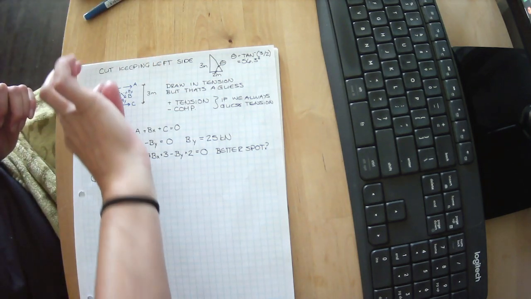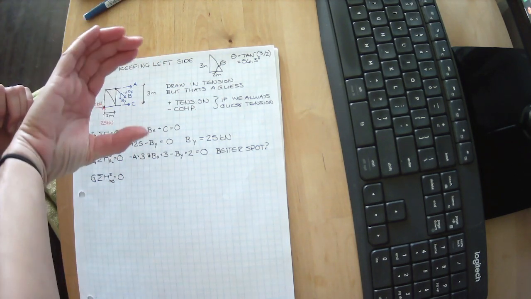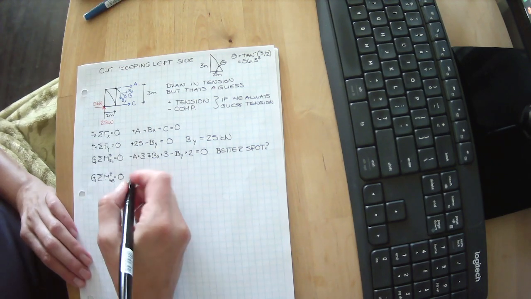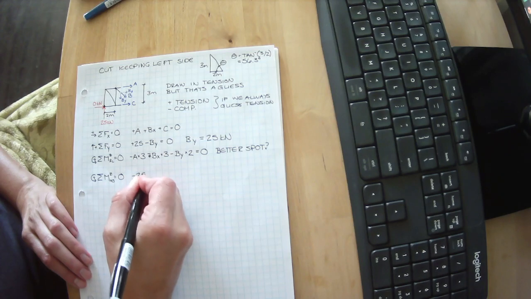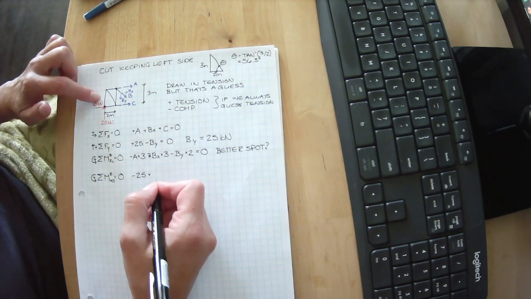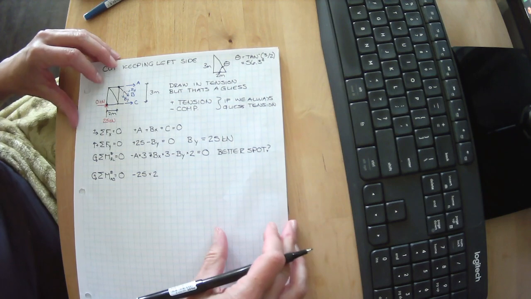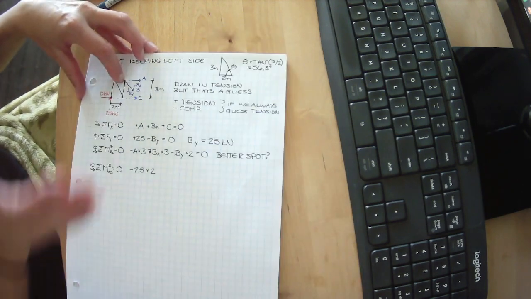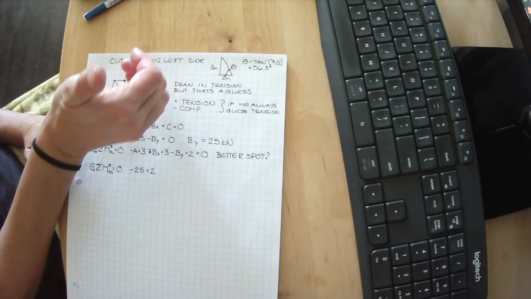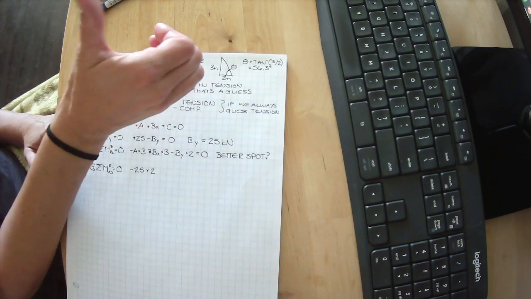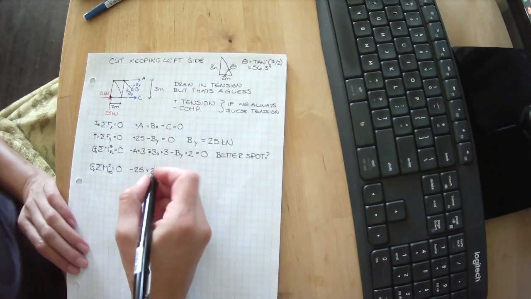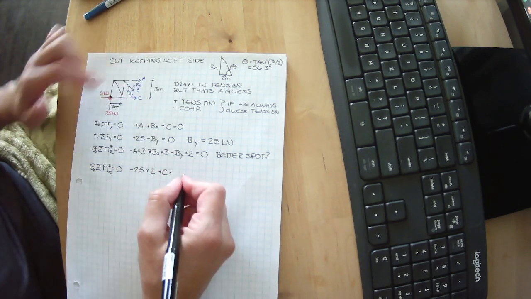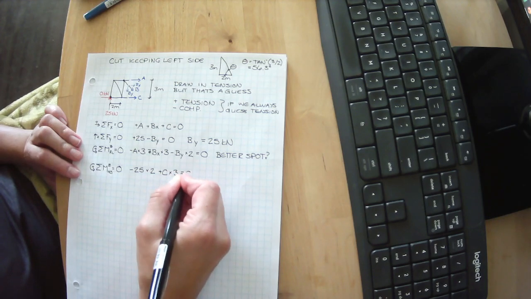So 25 kilonewtons is trying to make it spin in this direction. I can use my thumb to tell me that that is negative. So minus 25 times 2 meters. We have C trying to make it spin in that direction. Curl my fingers in the direction C's trying to make it spin. My thumb tells me that that is positive. So plus C times 3 meters equals 0.